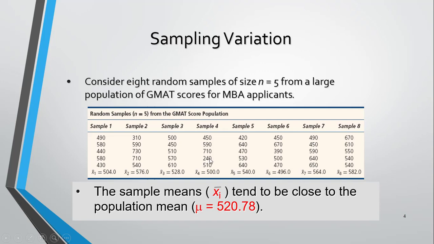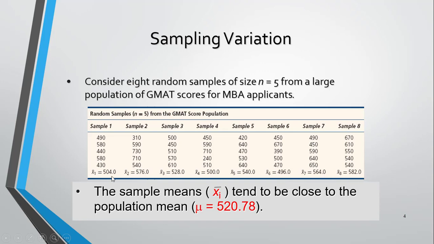So you can see the scores are everywhere, from as high as 730 to as low as 240. All over the place, right, if you just take a sample. But if you look at the means, however, the mean for sample 1 is 504, sample 2 is 576, sample 3 is 528, then 500, 540, close to 496, close to 500, 564, and 582.